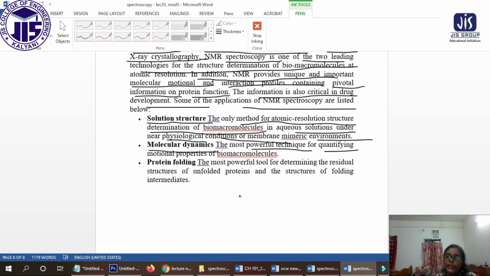If you follow the class, you can get the answer. The detailed discussion about NMR is not in your syllabus. For NMR, UV and IR, you only have just this much content that I have discussed, not in detail.